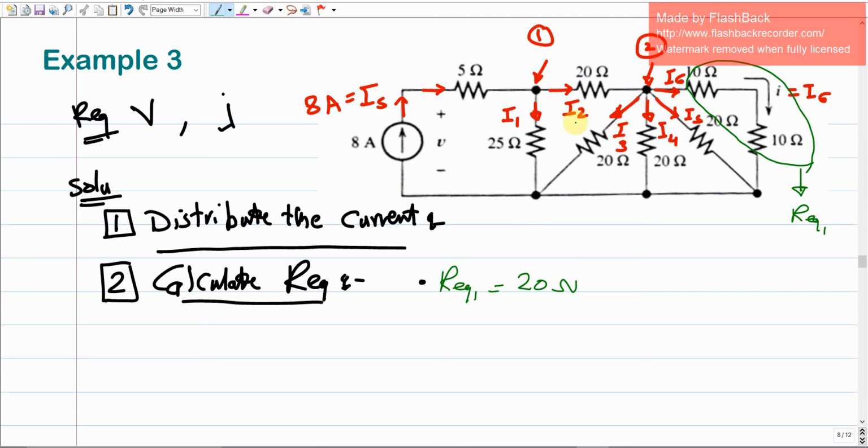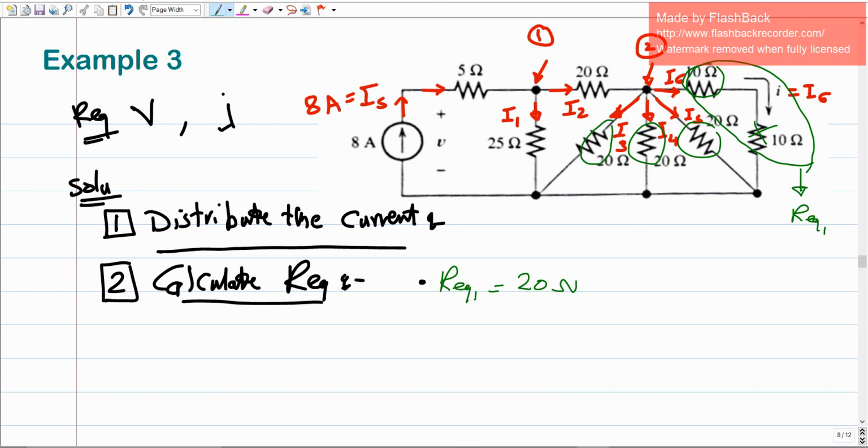Then if we cancel one of these 2 resistances, like this 10, what is the relation of this resistance to this resistance, to this resistance, to this resistance? These 4 resistances are parallel. Why? The total current has been divided over all of them.